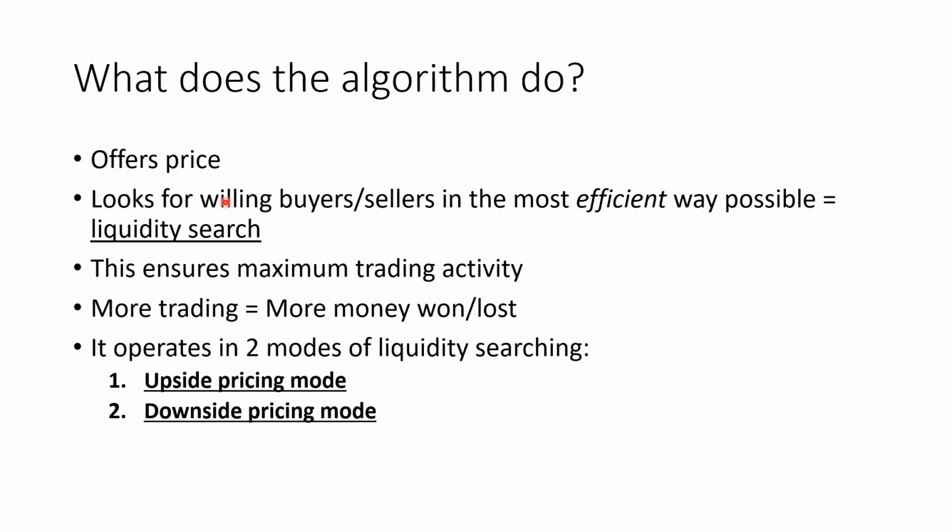So in the spirit of not copying them, not taking their terms because their terms are theirs, I simply have worded something that makes sense to me and hopefully will make sense to you as well while you're learning this. So just remember we have upside pricing mode and we have a downside pricing mode. These are the two modes in which price searches for liquidity.